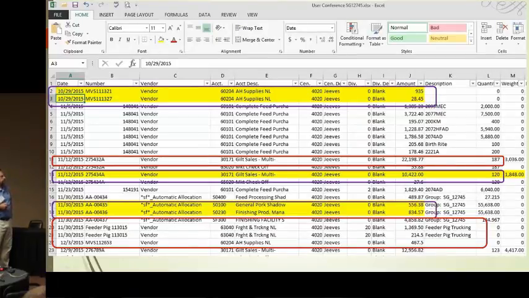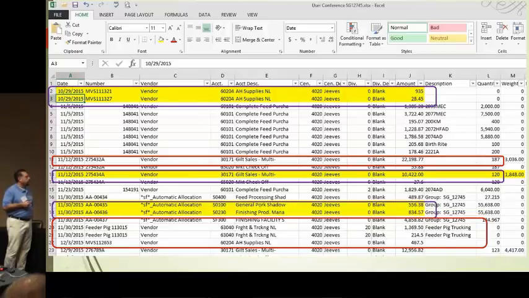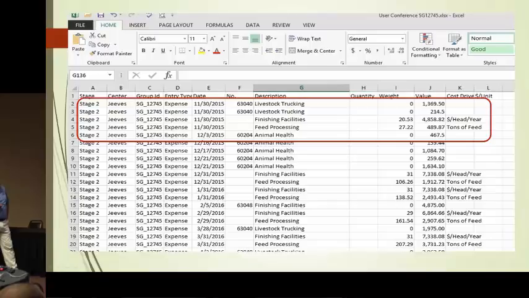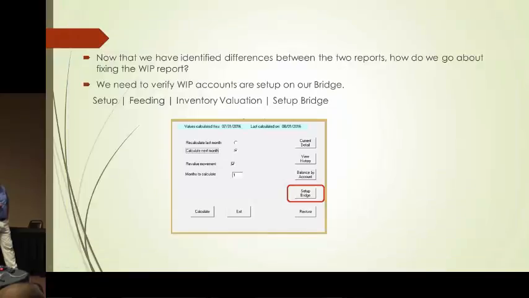I don't think there's anything down here that's important. So anyway, this is a quick analysis of the first transactions for October, November, December. We already see some issues with our WIP. So we've identified some differences, and we need to verify whether the bridge is set up properly.